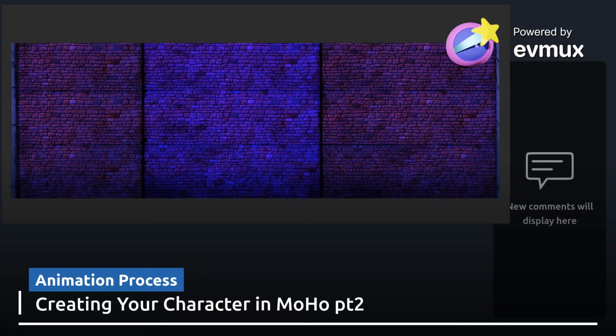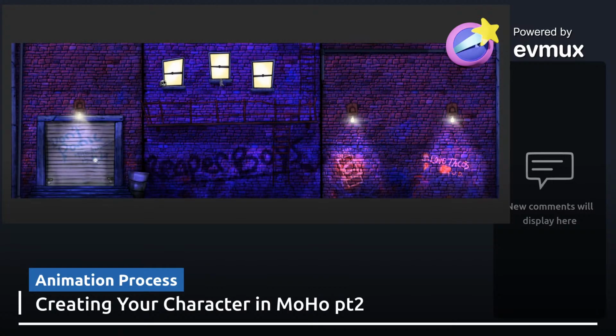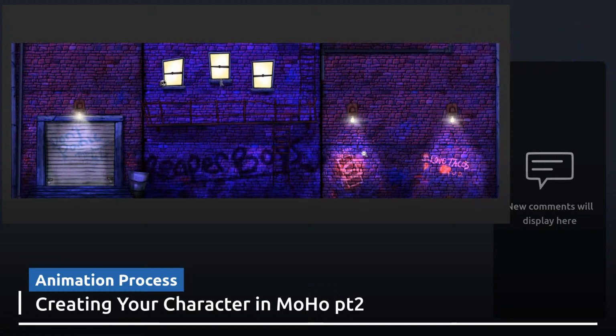Within here we can do whatever we want, but right here I've got an old garage, a little terrace balcony up here, some pipes, and then you didn't see this, I added this graffiti here, Reaper Boys.